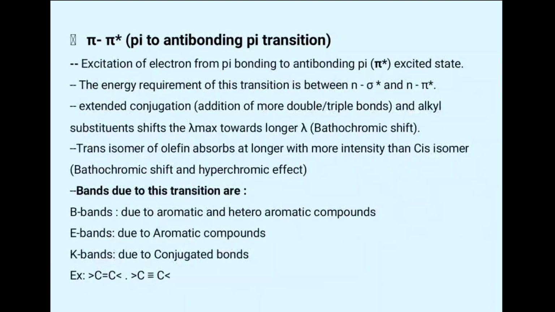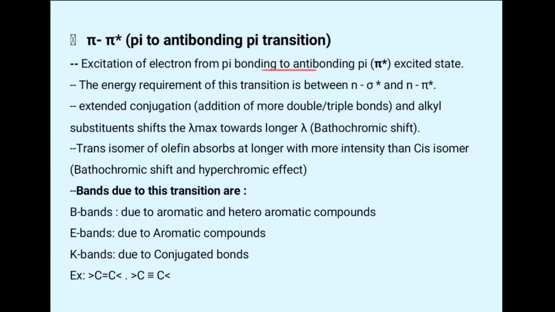Pi to antibonding pi transition. Excitation of electron from pi bonding to anti-bonding pi excited state. The energy requirement of this transition is between n to antibonding sigma and n to antibonding pi. Extended conjugation and alkyl substituents shift the lambda max towards longer wavelength.